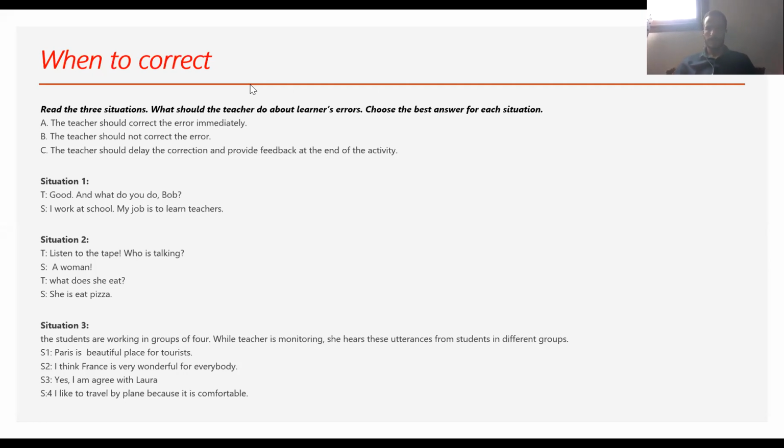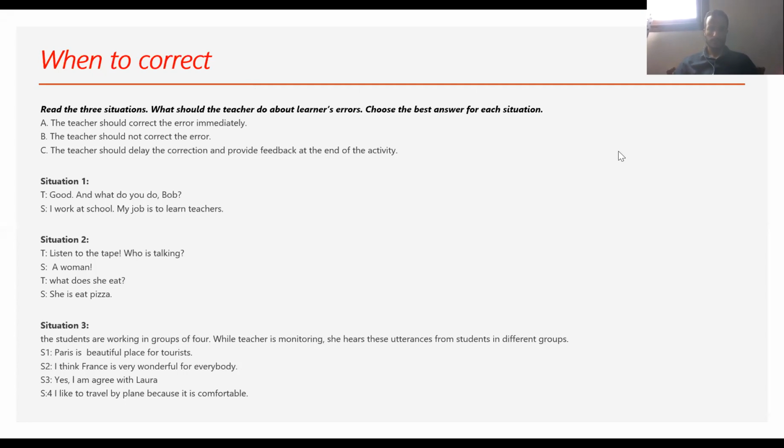Miriam: For situation number 2, I think the teacher should not correct the error because here it's about the understanding of the meaning, the listening activity.